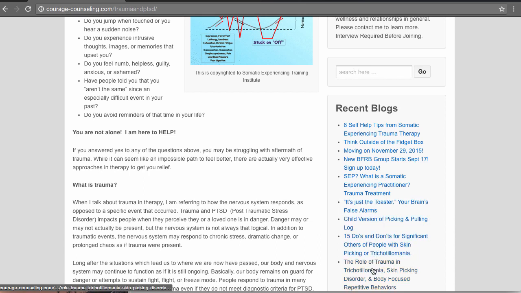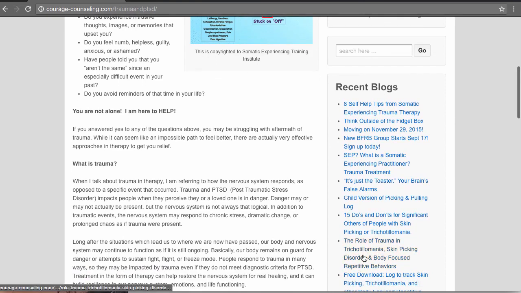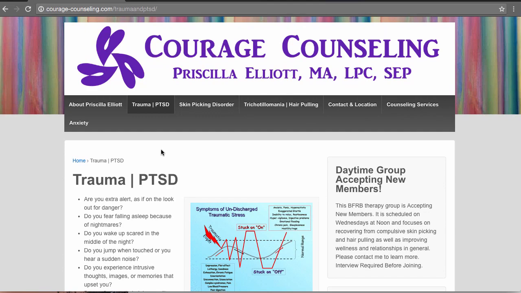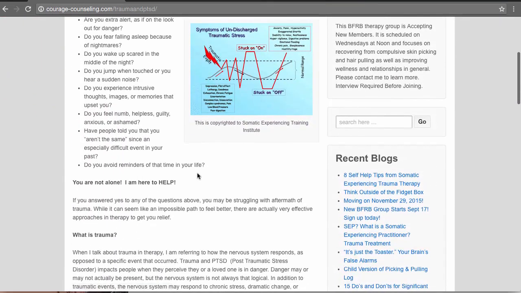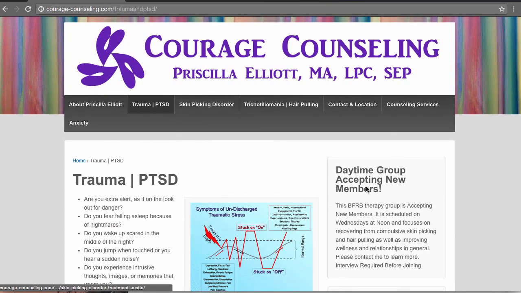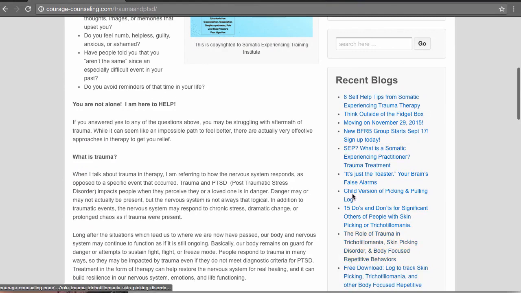Whatever this is, trichotillomania, skin picking. I don't know, what is all that stuff? Okay. So this is an example of why you don't want all your blogs on this page. She has all her blogs mixed in. If she only had trauma blogs, I'd be much less confused.